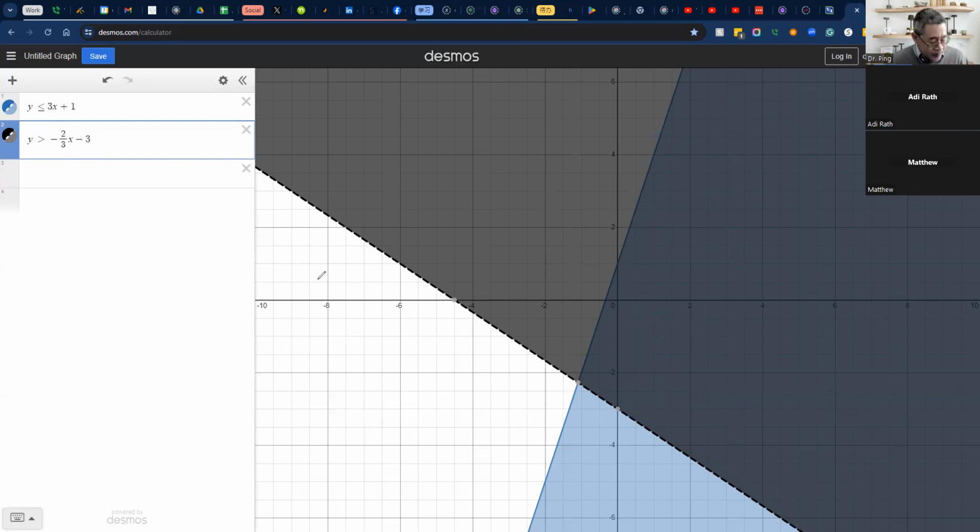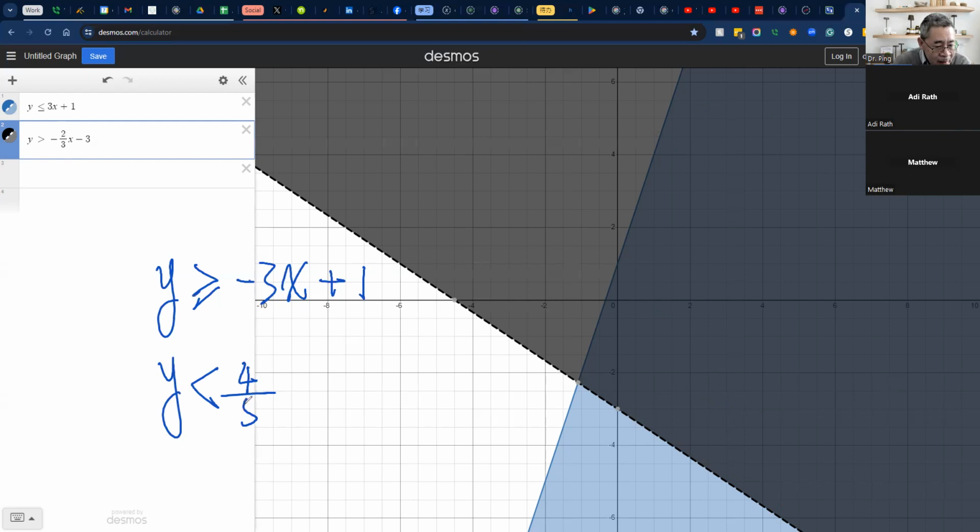Okay, let's do this: y is greater than or equal to negative 3x plus 1, and y is less than 4/5 x minus 3. Okay, let's see what you got. All right, I'll give you 5 minutes on this one.